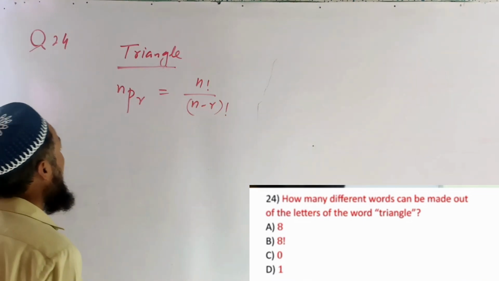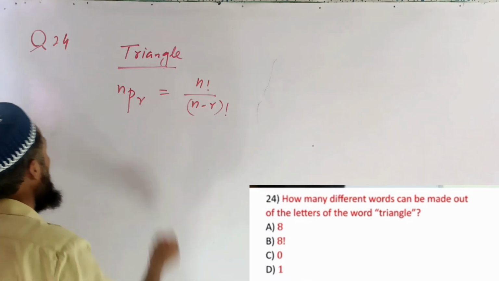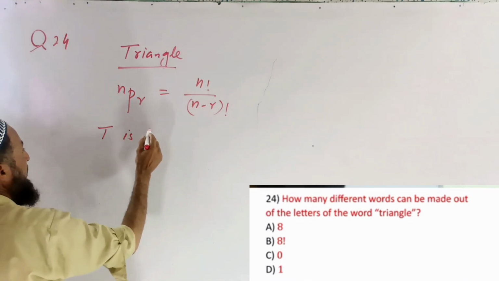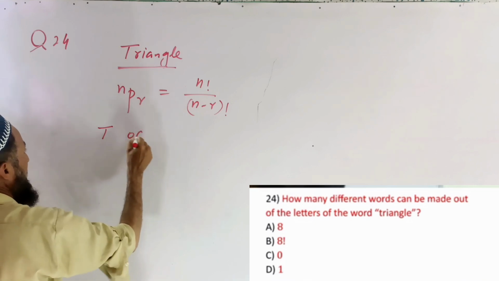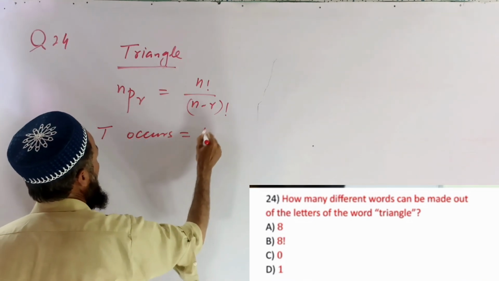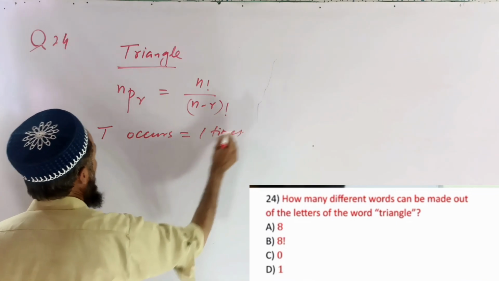But here the letters may be repeated, so repetition must be considered. T occurs how many times? One time.